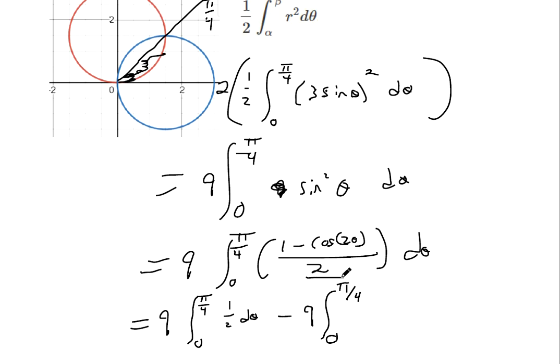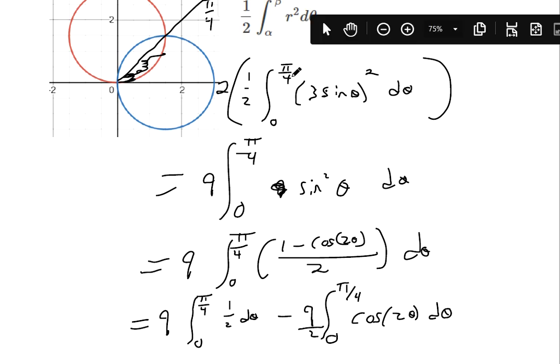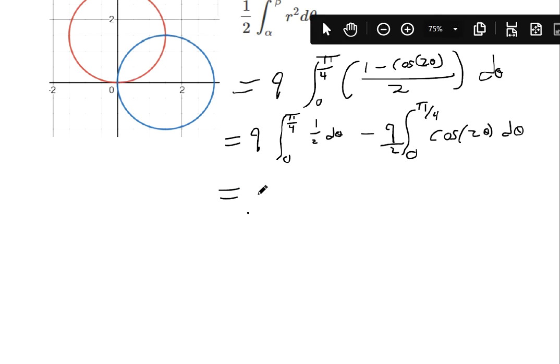Let's factor out the 1/2 here, because now it's an integral of this piece. So it's 1/2 cosine 2 theta over here. And that's an integral we can do, right? Kind of running out of room. Here, let me pause. Okay, so here's where we were at.